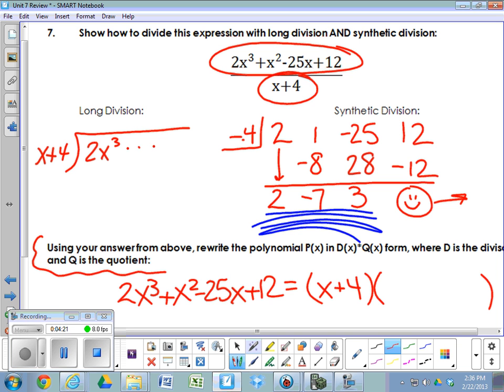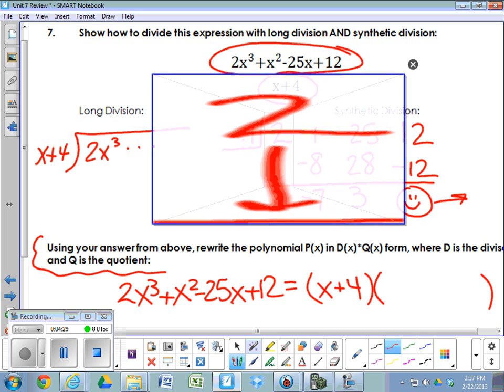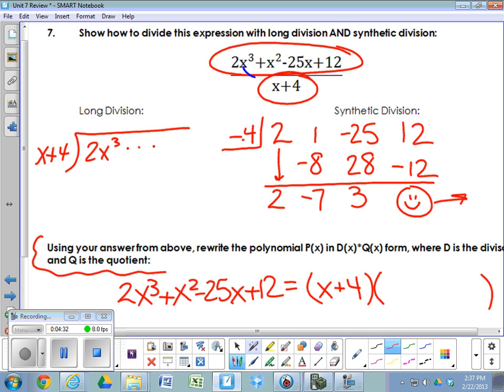And here's how we decode this. This is like a secret code. Here's what happened. You see, this first column was the x cubed column. But by the time you get to the bottom, it's actually now what? The x squared column. So 2 is our coefficient with x squared. The 1 was in the x squared column, but by the time you get to the bottom, now that coefficient is with x.